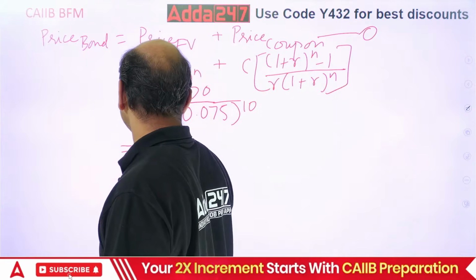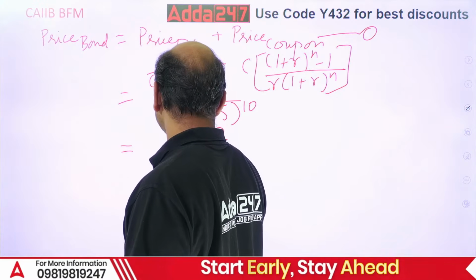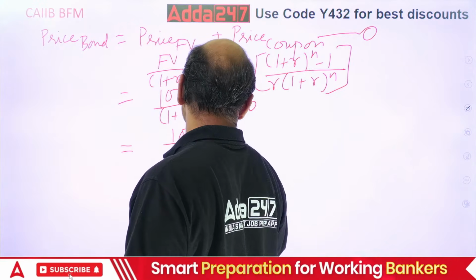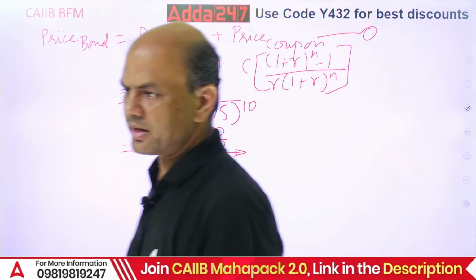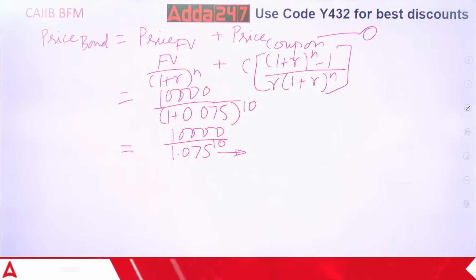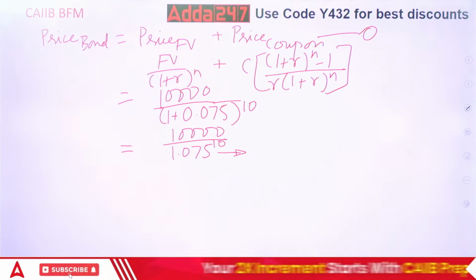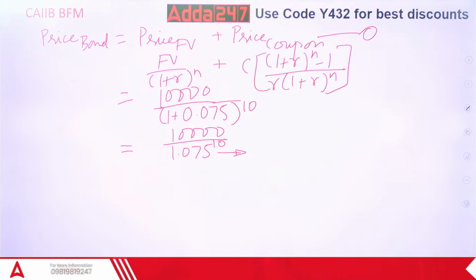Everyone solve this now. What are you getting? Only the denominator answer I want: 1.075 raised to 10.